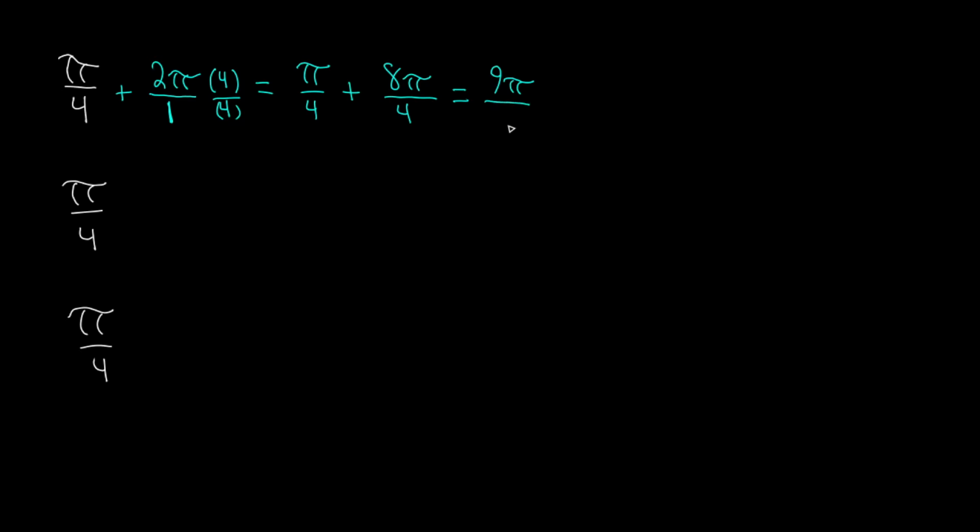To get our negative coterminal angle, we subtract 2 pi. We need our denominators to be the same though again. So we're going to multiply it by 4 on top and bottom.